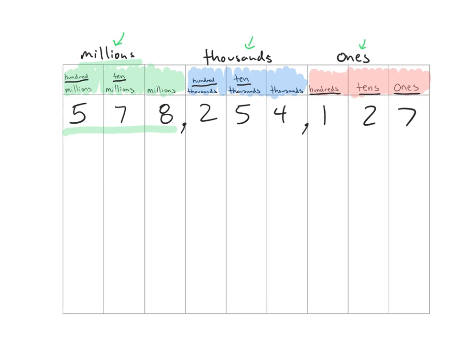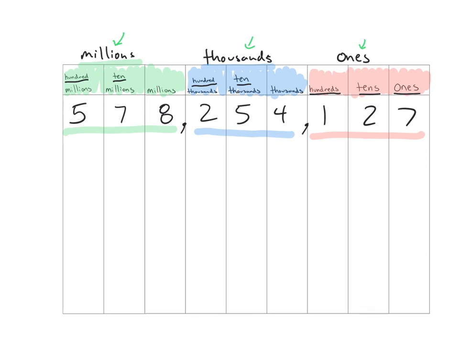And then I do the same thing with the thousands. 254 thousand. And then the ones, I don't need to say ones afterwards. I just read it as is. 127. So this number would read 578,254,127.